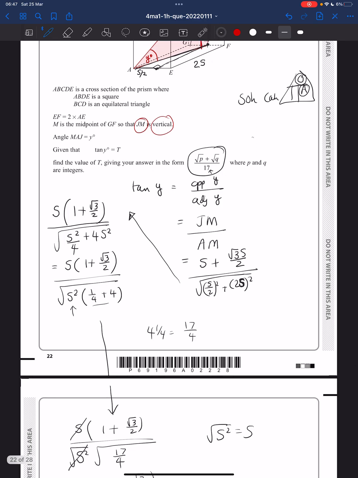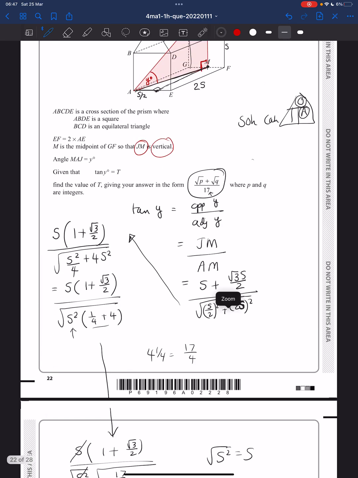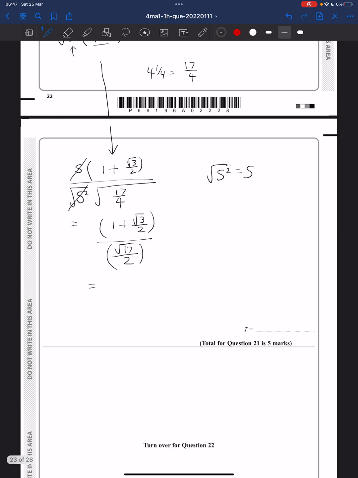I've got 7. It's the square root of S squared over 4 plus 4S squared. Okay, we'll carry on, we'll be able to sort that out anyway. Right, if we divide by a fraction, we turn upside down and multiply.